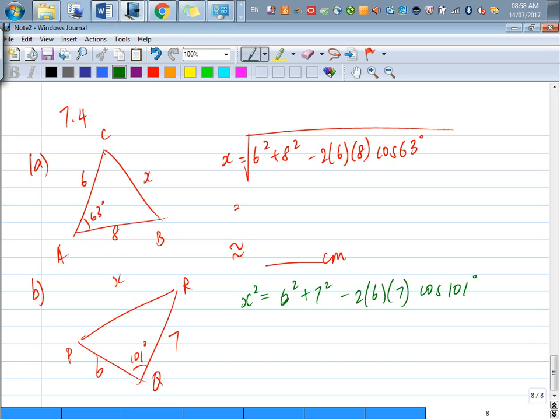Wait, where got cosine inverse? This is finding the length. There's no cosine inverse. So over here, x will therefore be square root of this whole thing. Then you get an answer, round it off to how many cm?